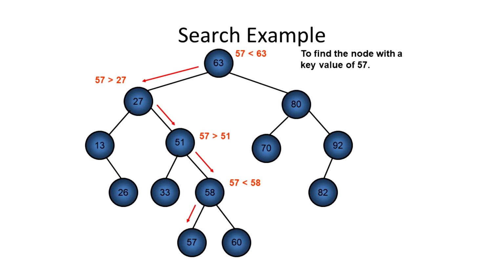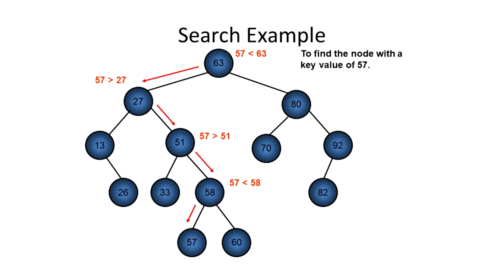So here, if we're searching for the value of 57, we first compare 57 with 63, of which 57 is less than 63. So we then go to the left-hand child of that root node and compare 57 with 27. As 57 is greater than 27, we look at the right-hand child of that node and repeat those comparisons until we find the value of 57 in the tree.